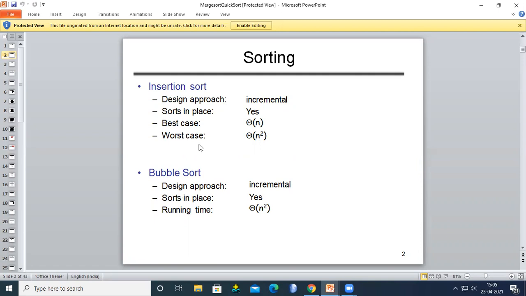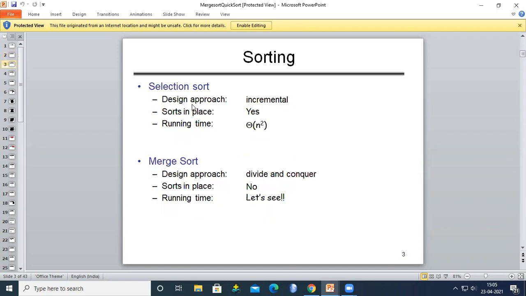In the case of bubble sort and selection sort, the design approach is incremental, they sort in place, and the running time is theta of n square.